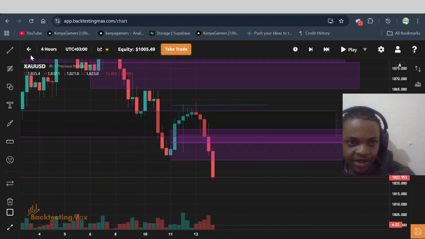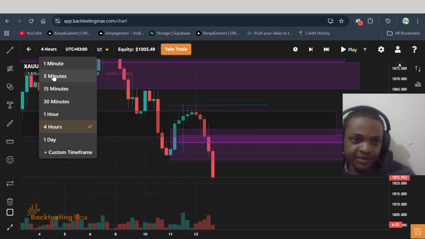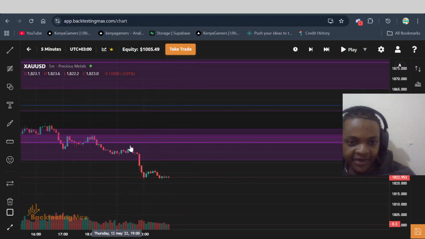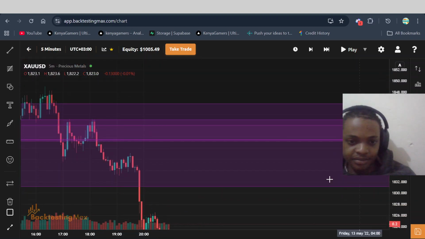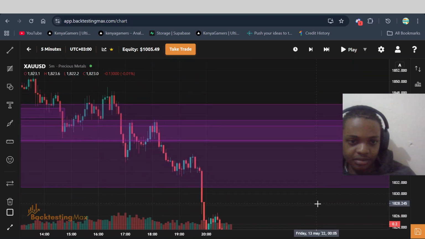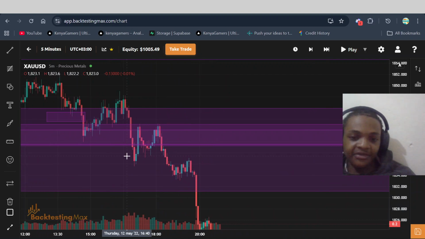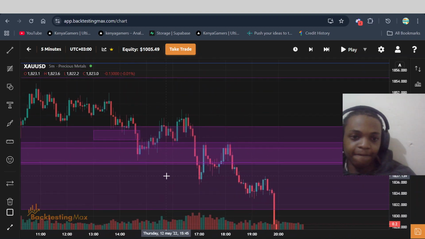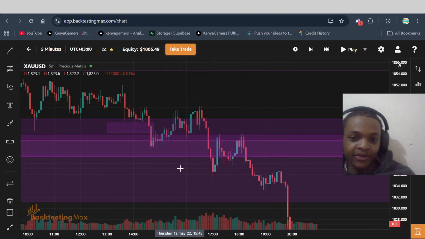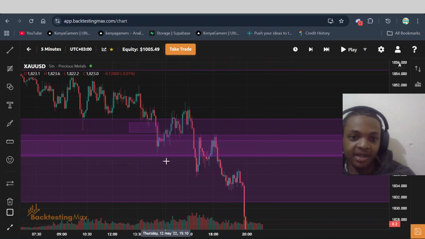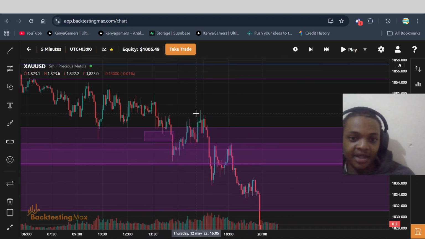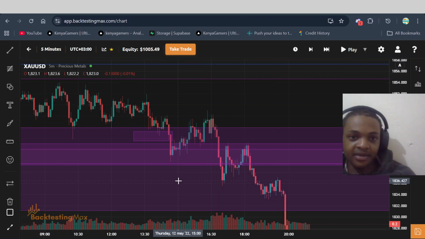Okay, there was a bearish one. No bullish. Check the 5-minute time frame. Yeah, it seems it was on the 5-minute time frame. Yeah, we were so close to hitting TP. It was so crazy.